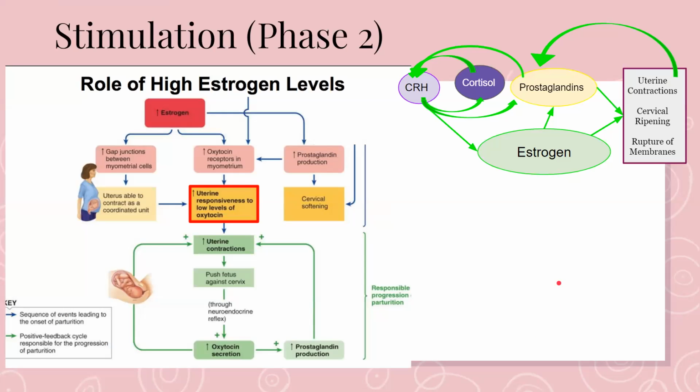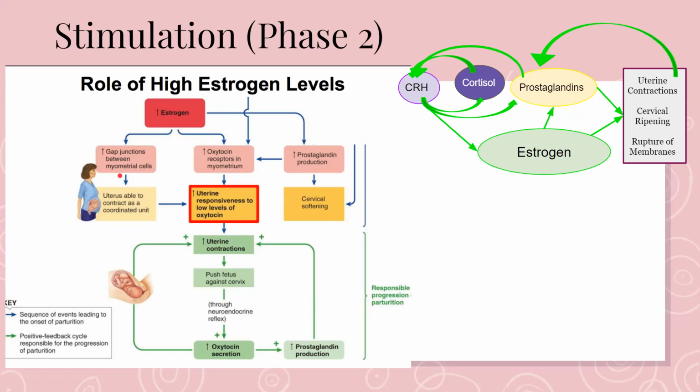And then stimulation, phase 2, this is going to be labor. So this is when we hit some critical point. Estrogen, we talked about, increases the oxytocin receptors in the wall of the uterus, but it also increases gap junctions between myometrial cells.